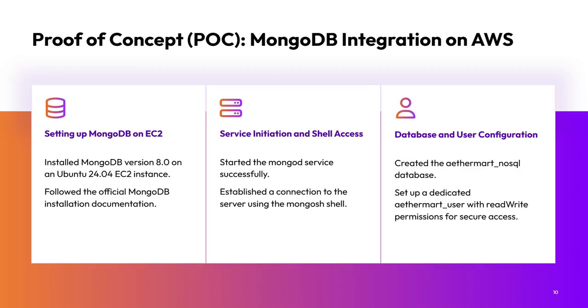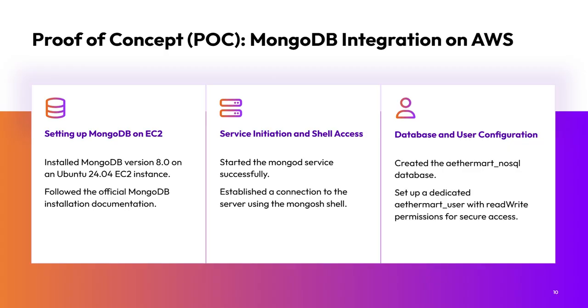And the model that we have chosen here is MongoDB, and we'll be storing the data in the form of JSON documents. So for the proof of concept, we chose MongoDB, a document database, due to its perfect fit for our JSON-like review data. This integrates directly with our existing AWS EC2 instance.